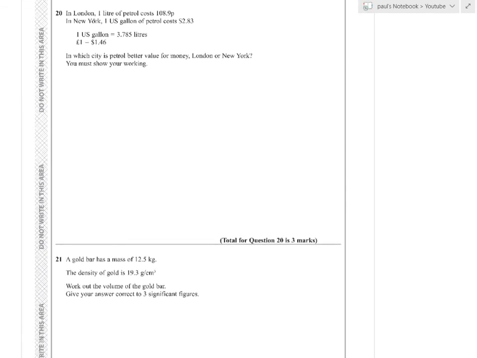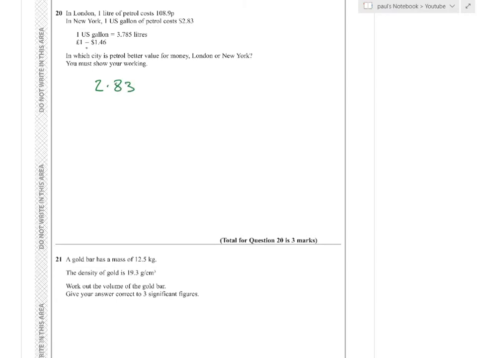In London, 1 litre of petrol costs 108.9 pence. In New York, 1 US gallon of petrol costs 2.83 dollars. Which is better value for money? So let's convert everything and see how much a litre of petrol costs in New York, and then we can compare it. A US gallon costs 2.83.